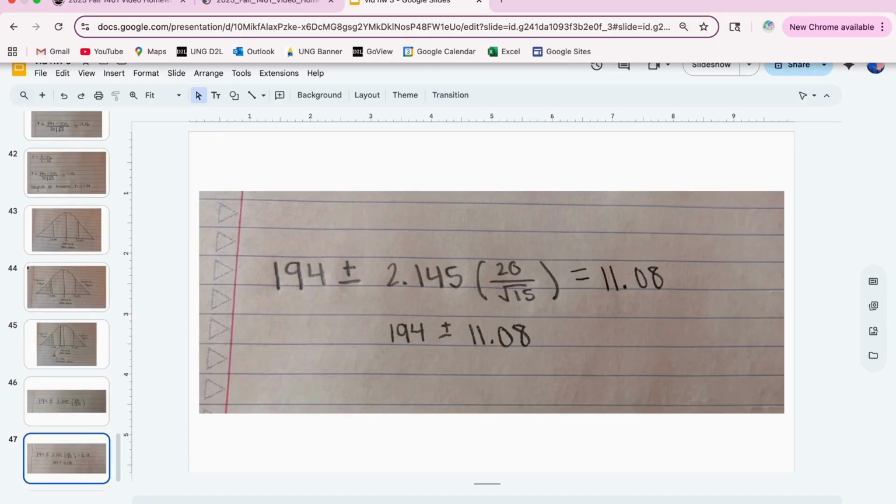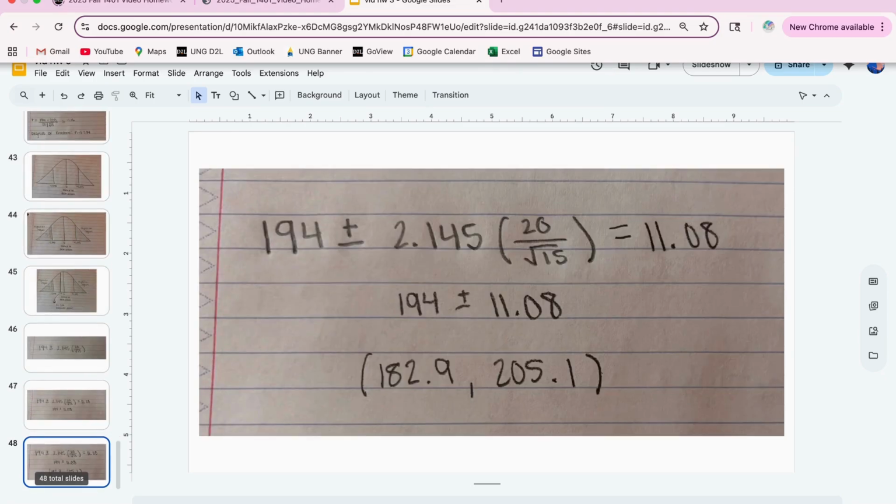That equals 11.08 for a margin of error. So we take 194 plus or minus 11.08, which gives us a confidence interval of 182.9 and 205.1. Since 200 falls inside this range, it supports our conclusion.